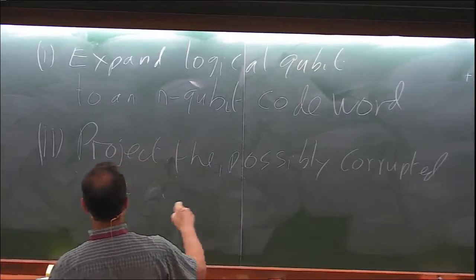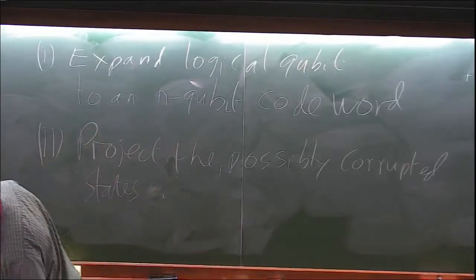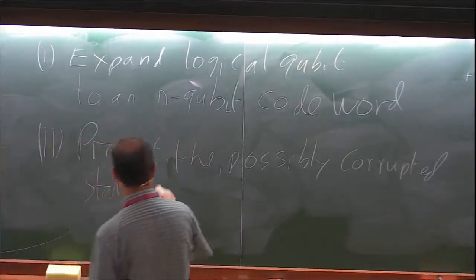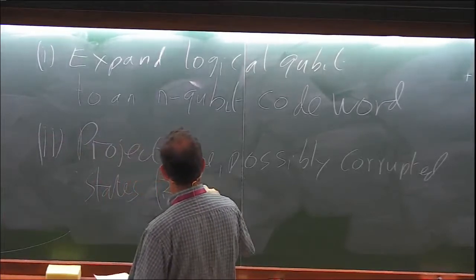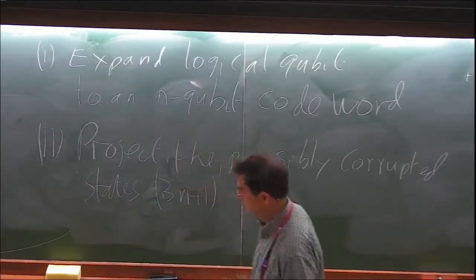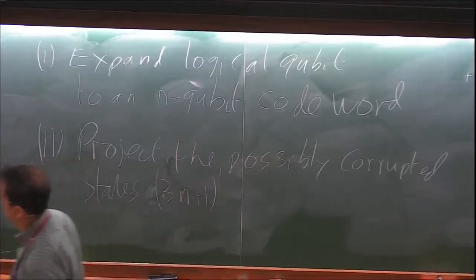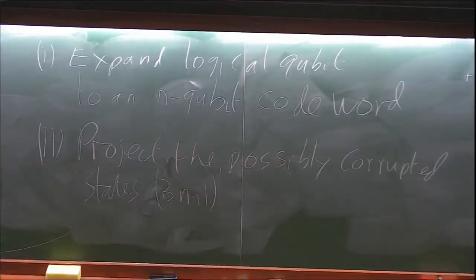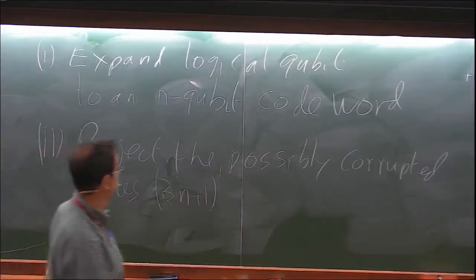So on one of the possibly corrupted states in this expression, there are 3n plus 1 of them, 1 being the uncorrupted state, and then there's 3n possibly corrupted states.